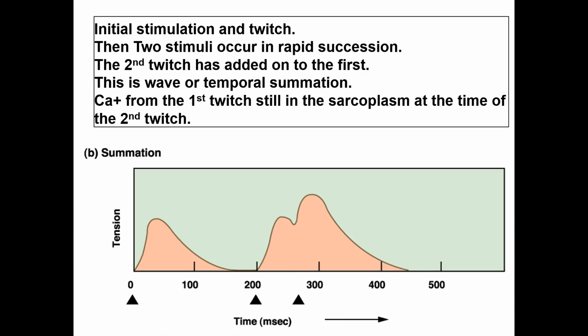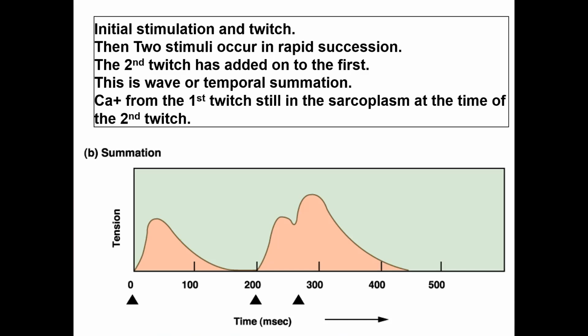There is calcium still in the sarcoplasmic reticulum. Let me rephrase it. There's still calcium in the sarcoplasmic reticulum, but there's also calcium in the sarcoplasm. So there's still some calcium already out there around the actins and the myosins, still binding to the troponin.